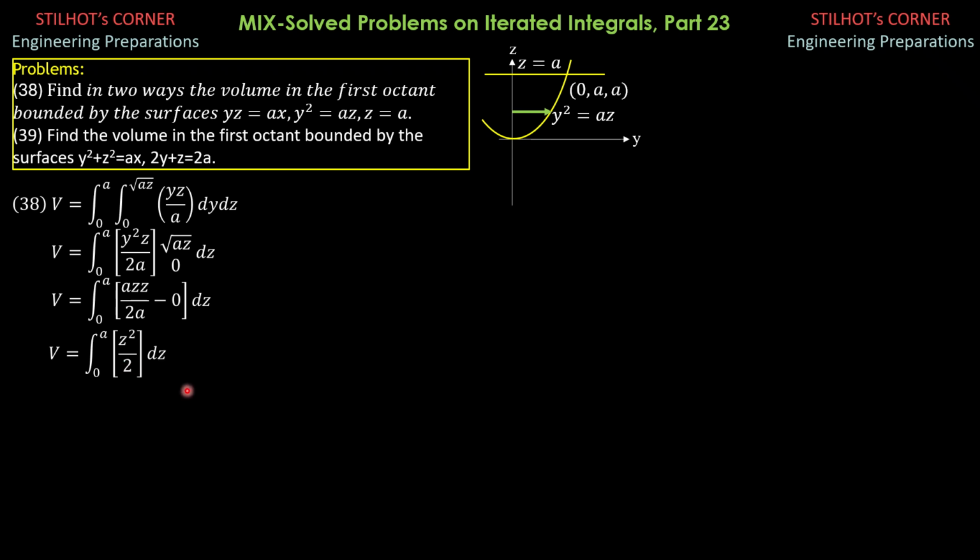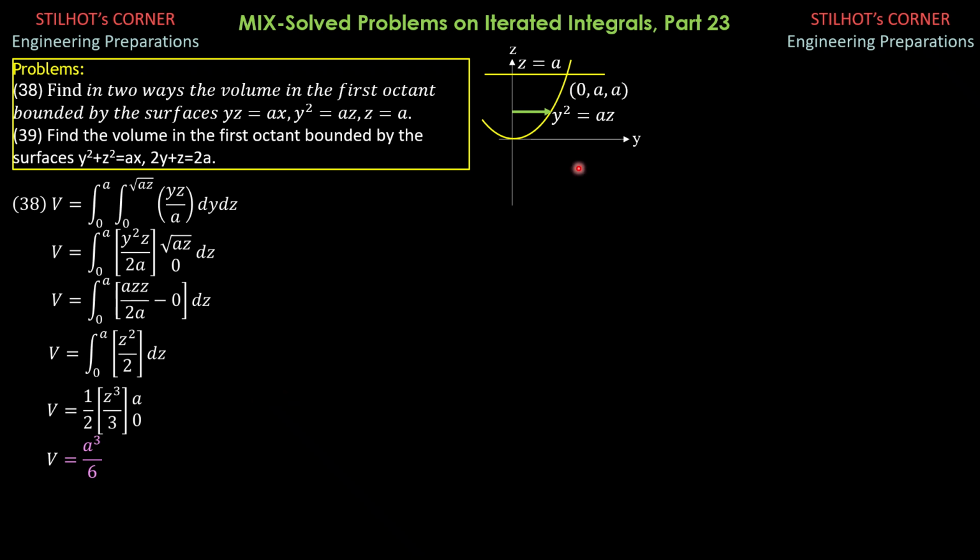The integral is 1 half z cubed over 3 from 0 to a. So substituting, that's 1/6 a cubed. So volume is a cubed over 6.